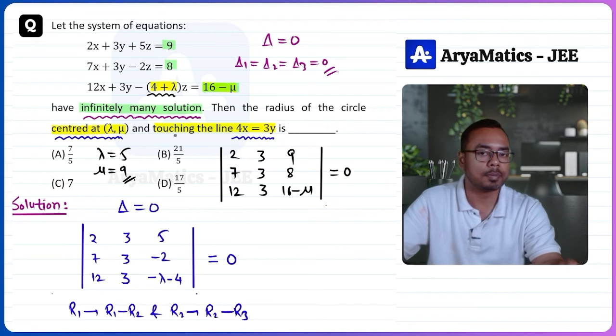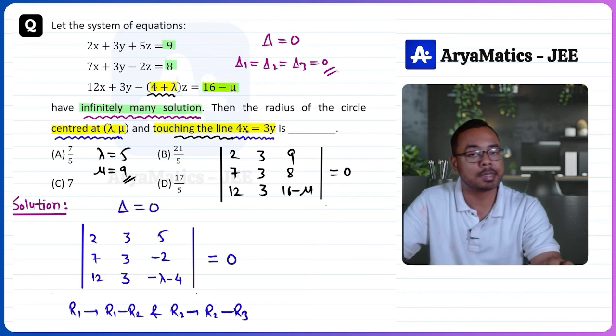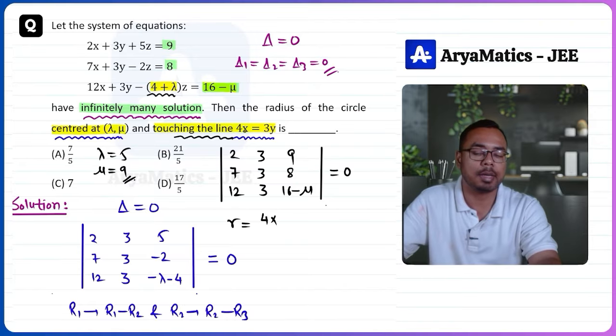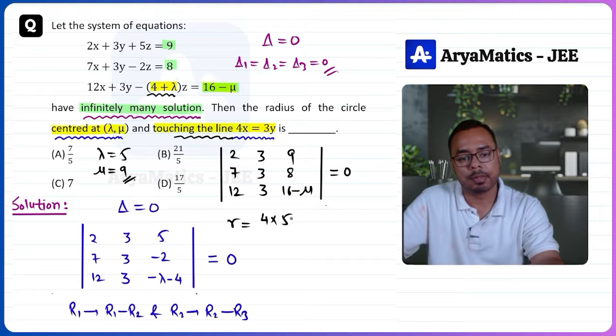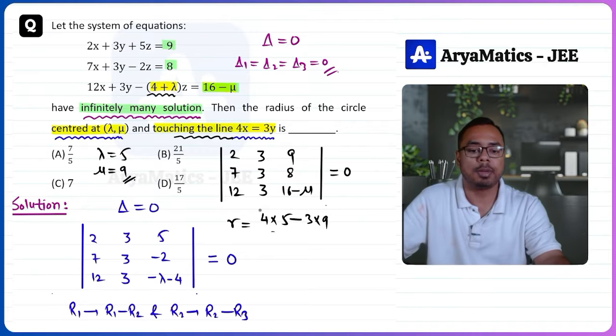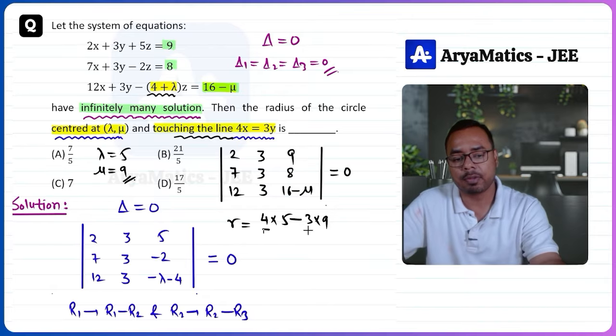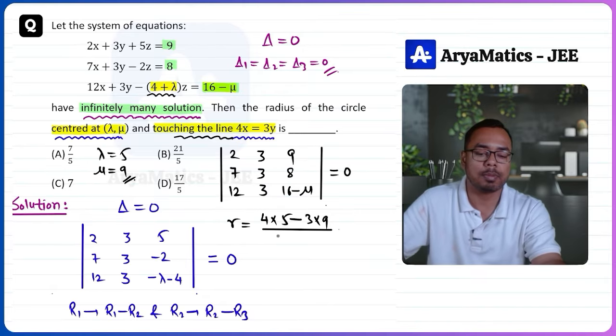We need the radius of the circle which is just touching this line. That means this line is the tangent line. So the radius of the circle will be 4 into lambda minus 3 into nu, the magnitude of this thing, divided in the denominator by root over a square plus b square, when the line is 4x minus 3y equals 0. Right, that is the standard formula for finding the distance of a point from a line.